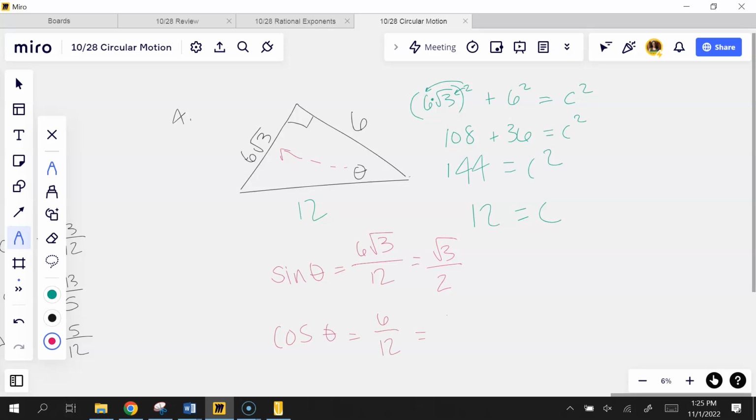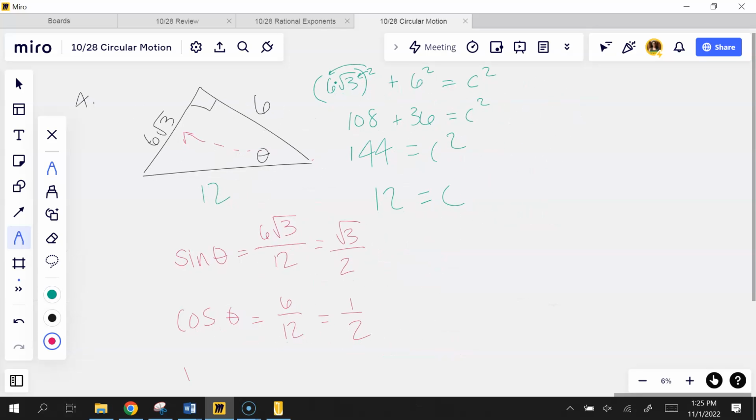How about tangent? 6 root 3 over the square root of 3. How about cosecant? 2 over square root of 3, but I can't leave it like that.